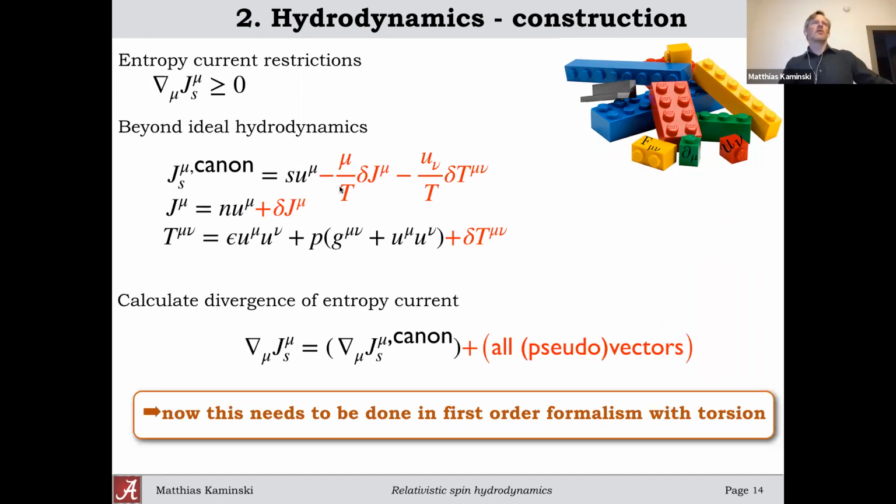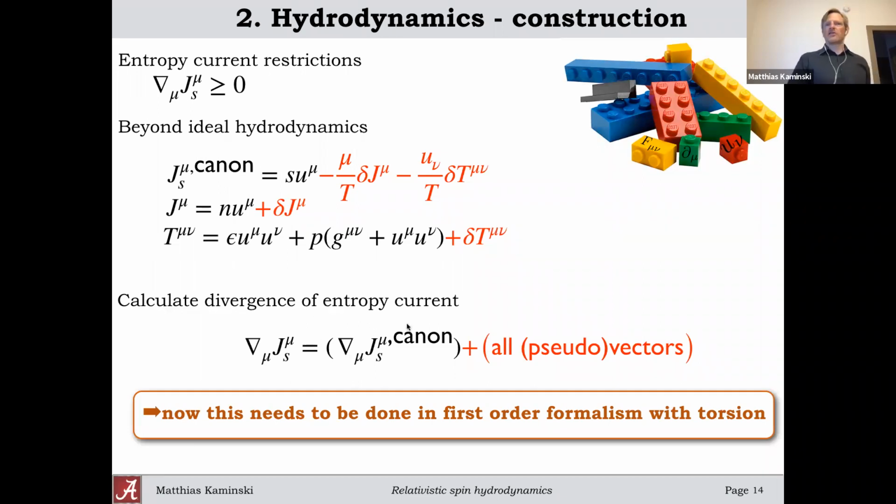So here's the more general case. The canonical energy momentum tensor is defined normally, including not only this ideal hydro part, entropy traveling with the fluid, but also a contribution from the current and a contribution from the energy momentum tensor. Here are those contributions, in addition to ideal hydro.